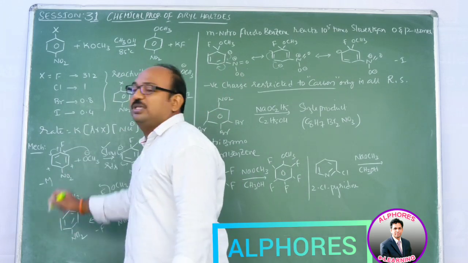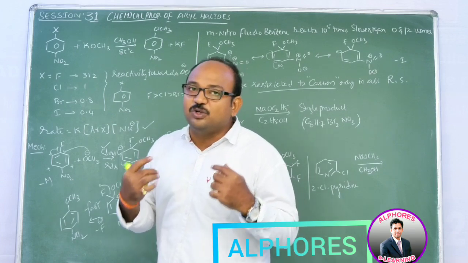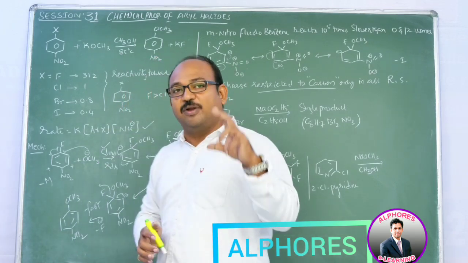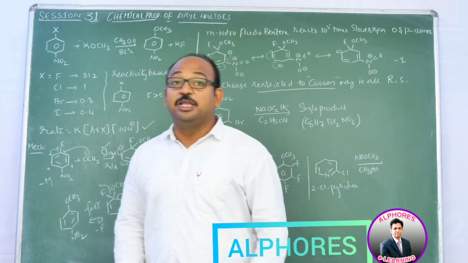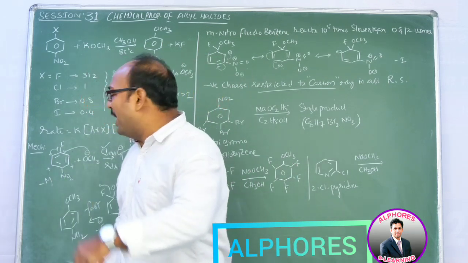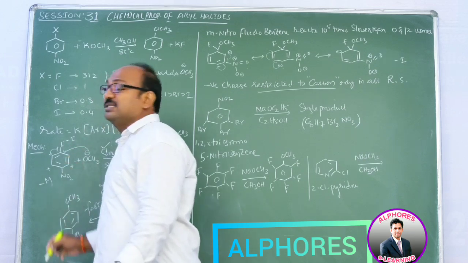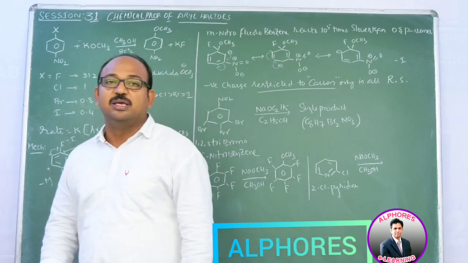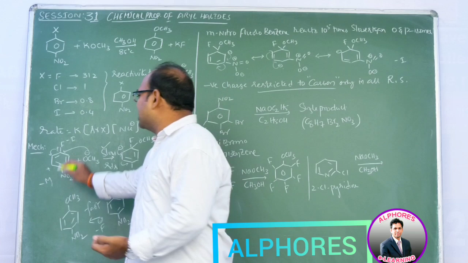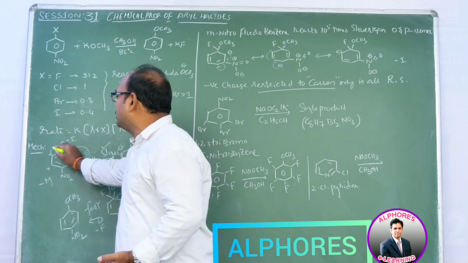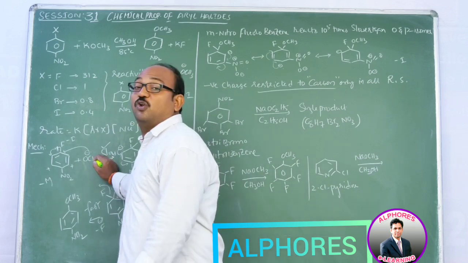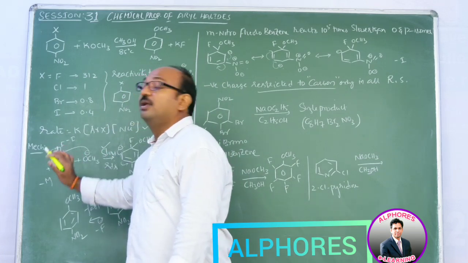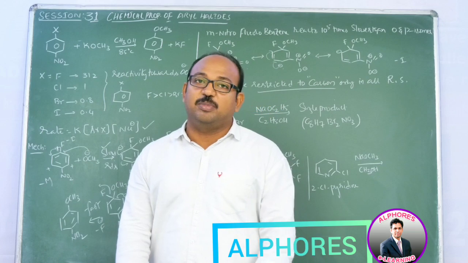Because in the para position, in addition to the positive charge which developed because of NO2 group minus M, in addition to that, there is fluorine minus I, because fluorine is a strong minus I. Because of strong minus I, here the positive charge density is much more. That's why this nucleophile has to come and attack that leaving group containing carbon only.